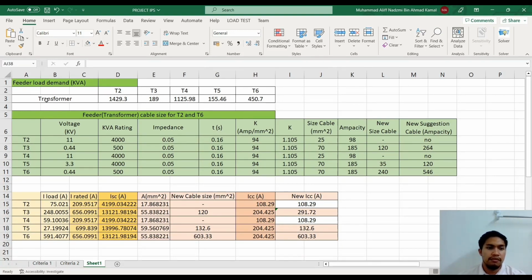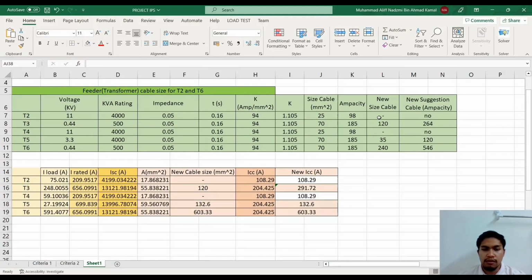Next is the data for the cable size selection. Based on the feeder load demand kVA for T2 until T6, we have calculated the cable size by using the impedance data for every transformer, and also the K value for each cable that we have chosen, and the ampacity and size of the cable that we selected, by having the area of the cable that is required for every transformer.